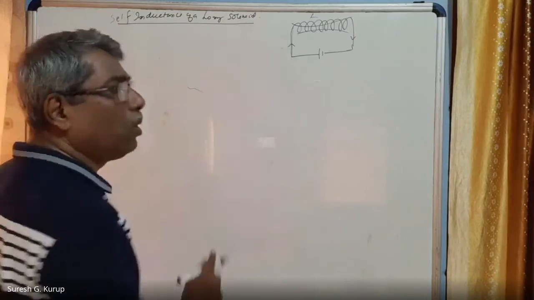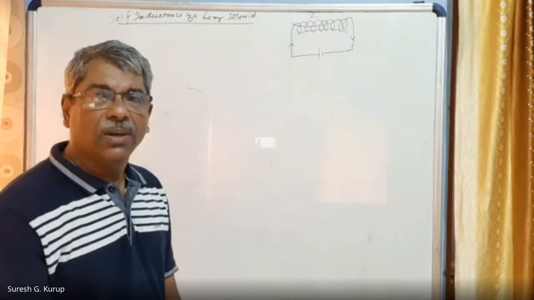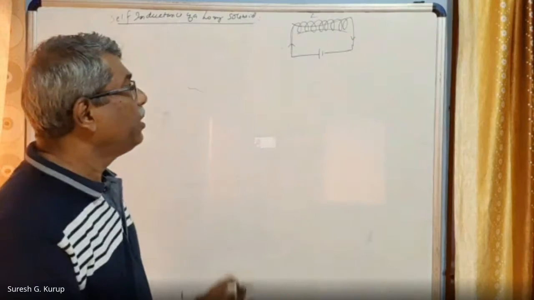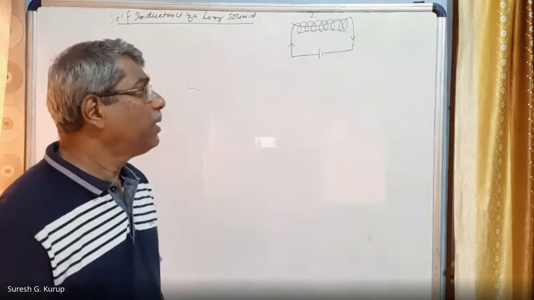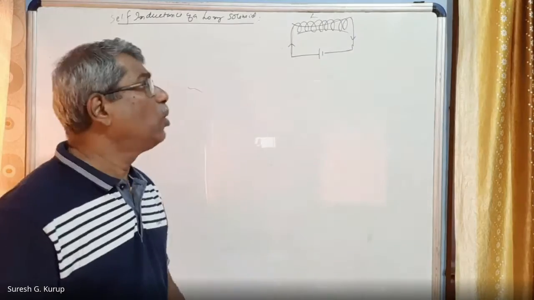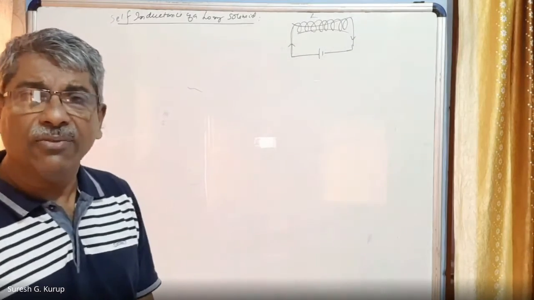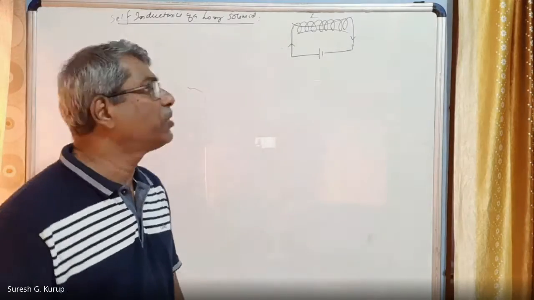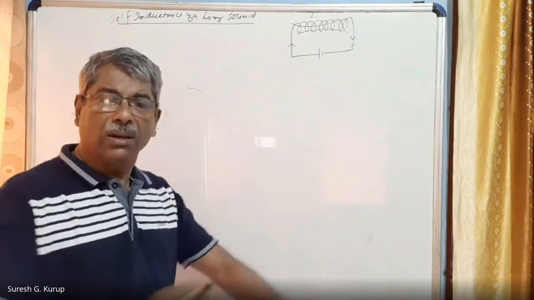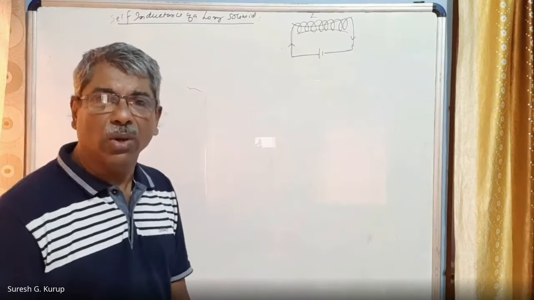It's a long coil of wire having a large number of turns, made of insulated copper wire, right? So this shows a coil, what is called a long solenoid. Long means its length is much greater than the radius of the area of cross section. The radius is less and the length is very large. Such a solenoid is a long solenoid, right?